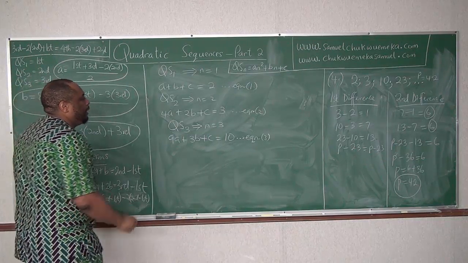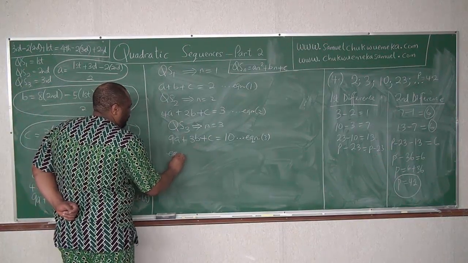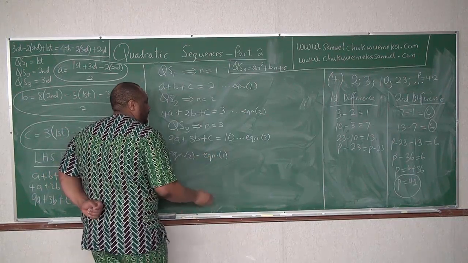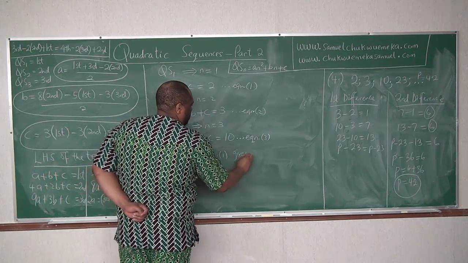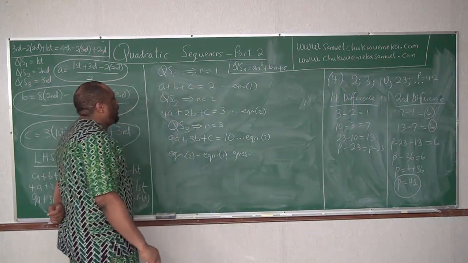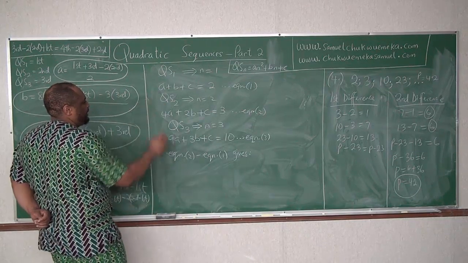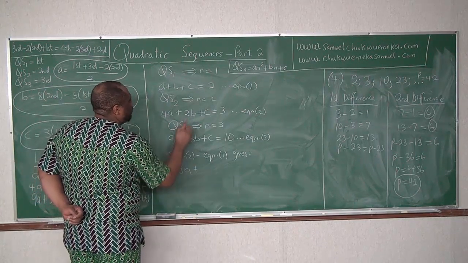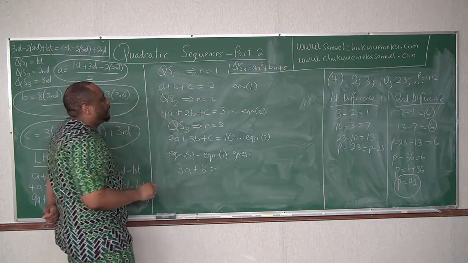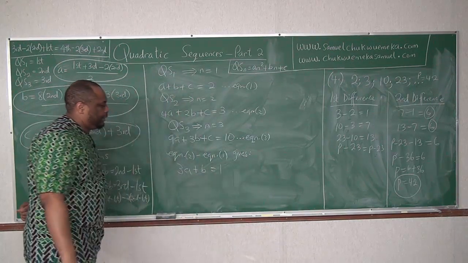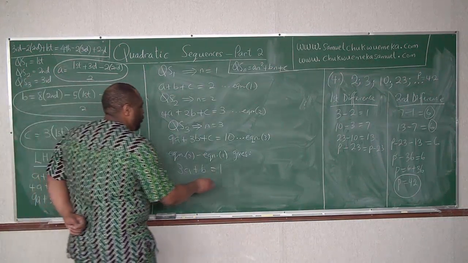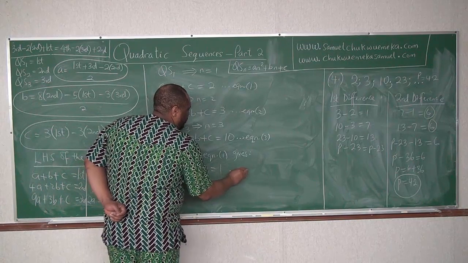Equation 2 minus equation 1 gives 4a minus a, 3a, plus 2b minus b, plus b. c minus c, that is gone. 3 minus 2 is 1. 3a plus b equals 1. Call it equation 4.